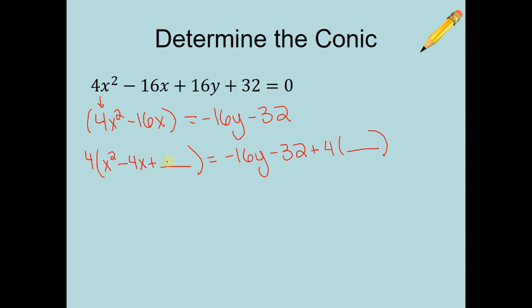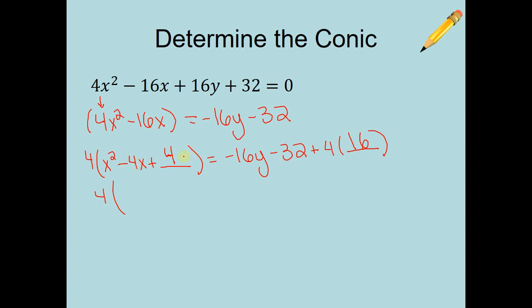So let's find our blank. I'm going to divide this 4 by 2 and then square that. It's going to be a 4. So the blank over here is technically 4 times 4. Technically it's a 16 over there. So I got a 4. Factor that.